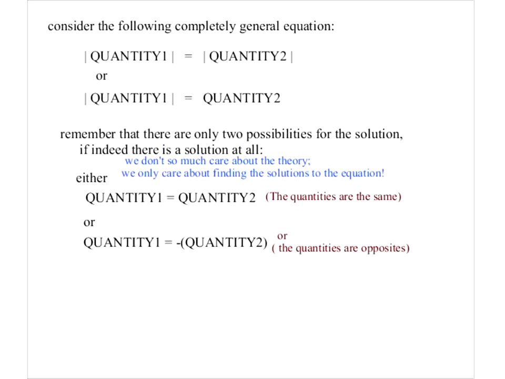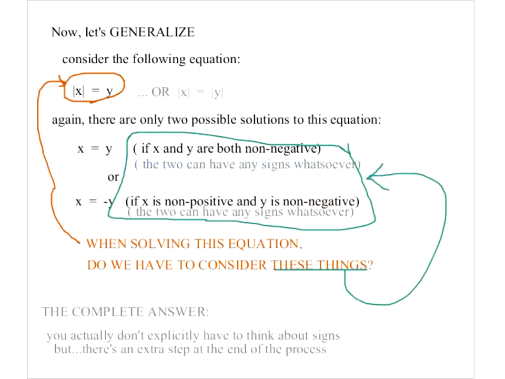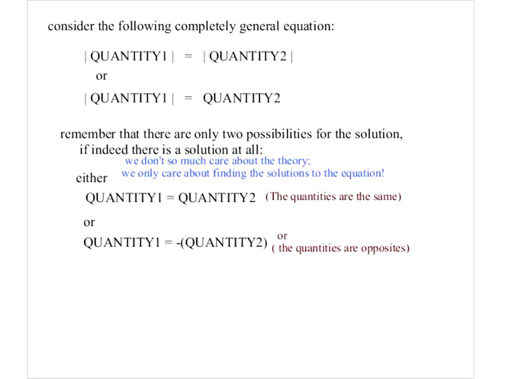Because remember, we're not mathematicians here, we're GMAT test takers. So this stuff over here on the previous slide, this is theory. All this stuff about signs, whatever. But if there's a practical solution that is shorter, then you don't need to bother with the theory. So given that, it turns out that this is all we need to do with a couple of caveats.